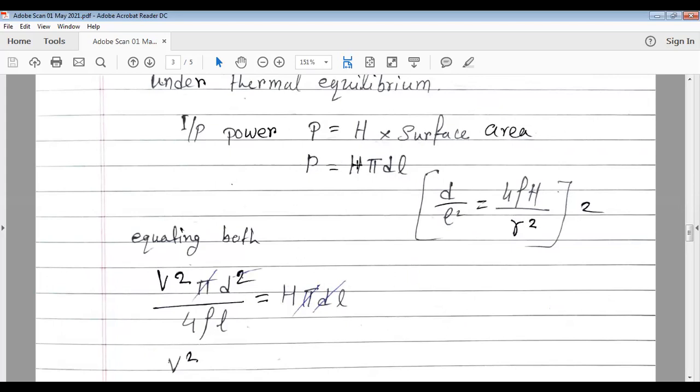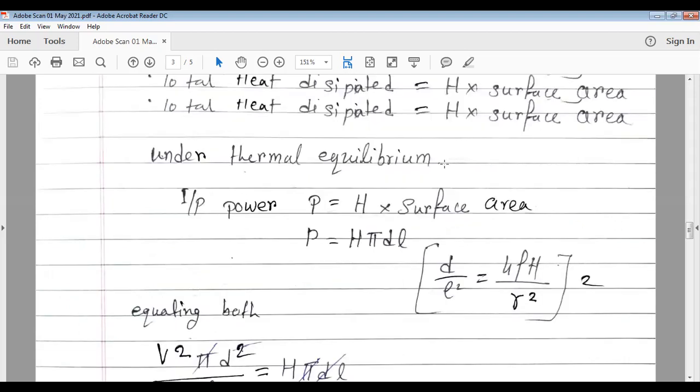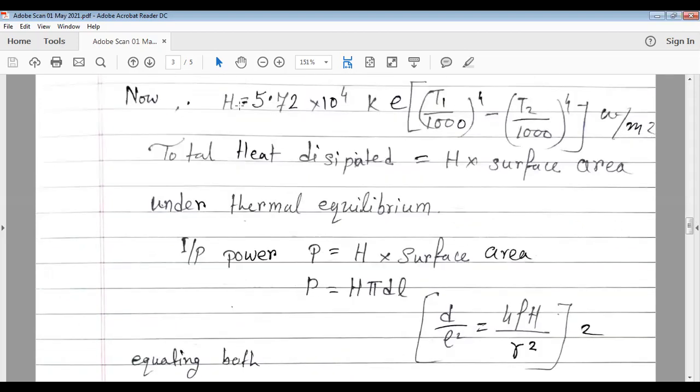How much heat do you require? Say you want to melt some copper or some small metal body that requires 200 degrees centigrade. Then your source should be at 200 degrees centigrade, and then it will melt. From here you can calculate, because these are constants.